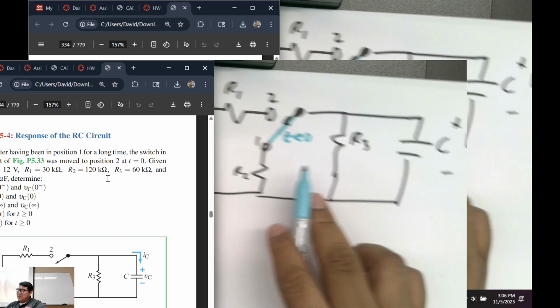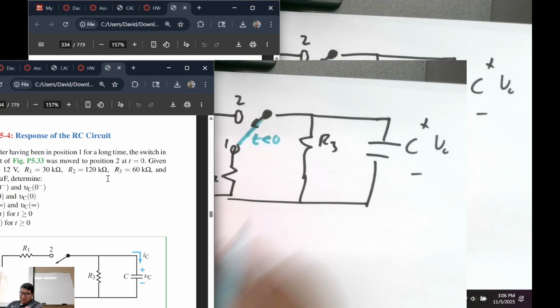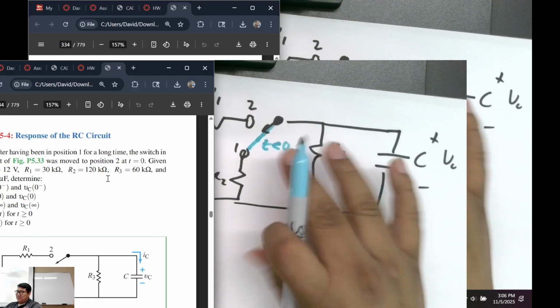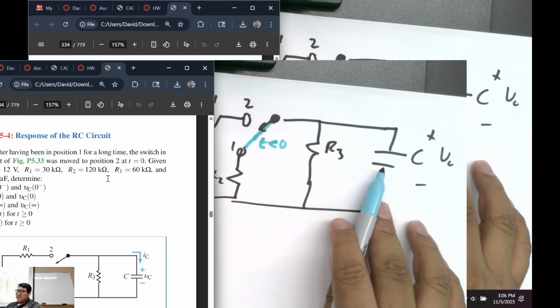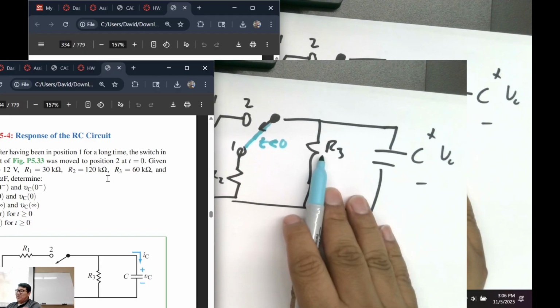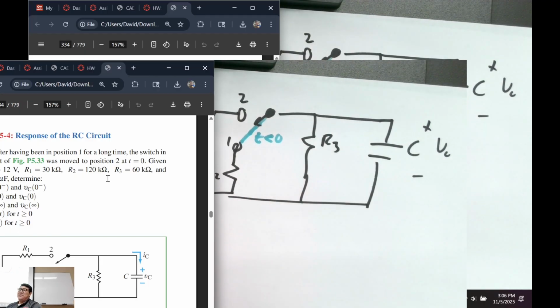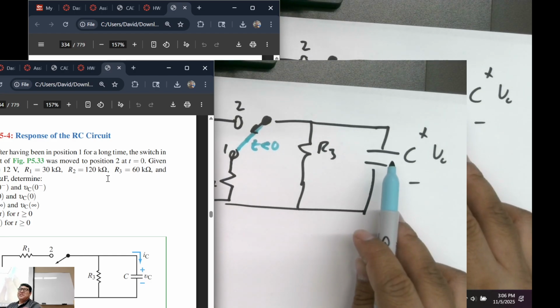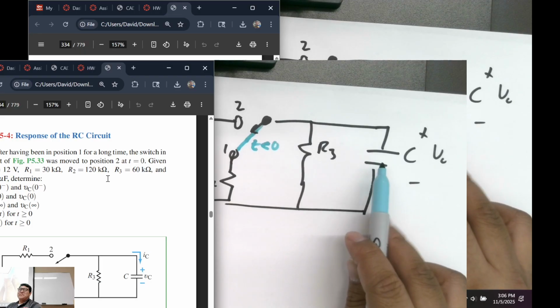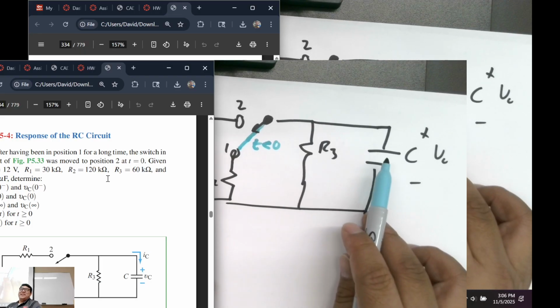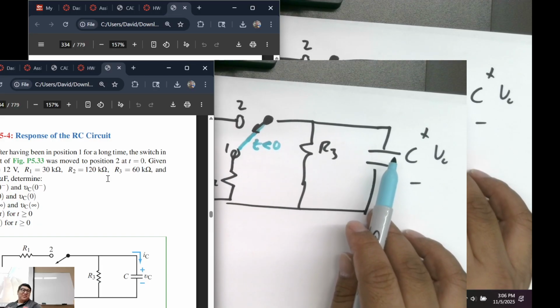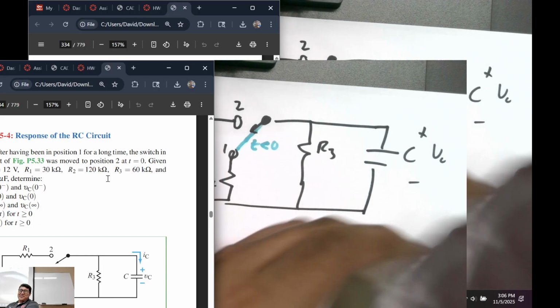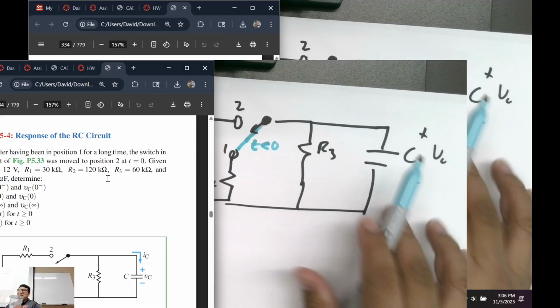All right, so let's think about it. Very basics, okay? We have a resistor, we have another resistor. What's the capacitor after infinity time? There's no voltage, it's just empty. Just think of an empty bottle, like this tea right here that I have.